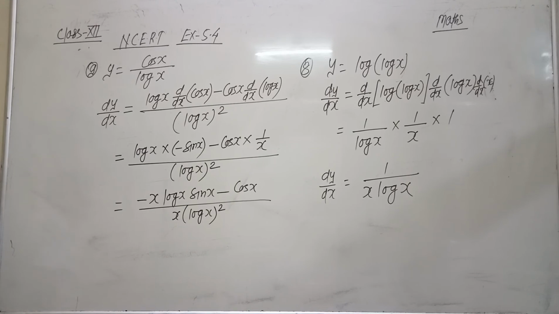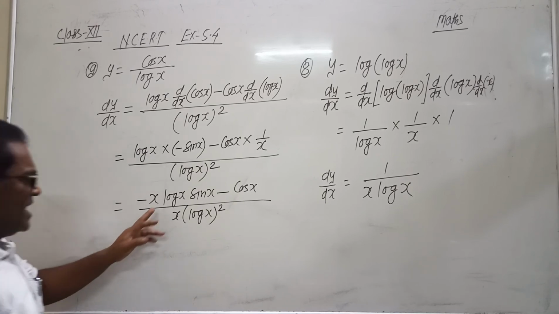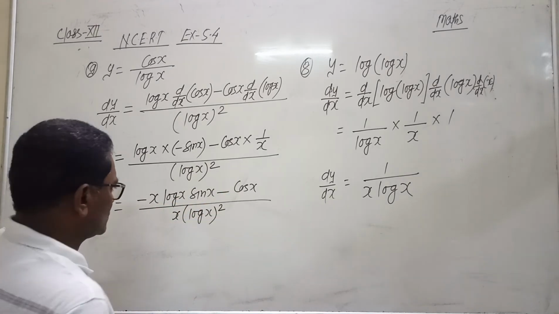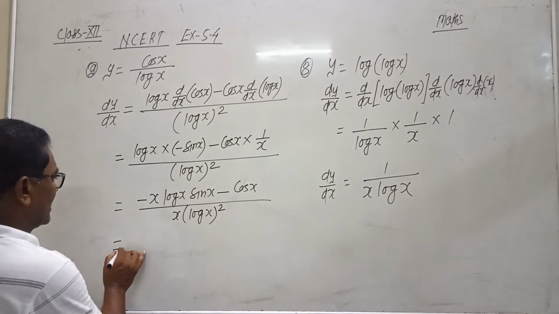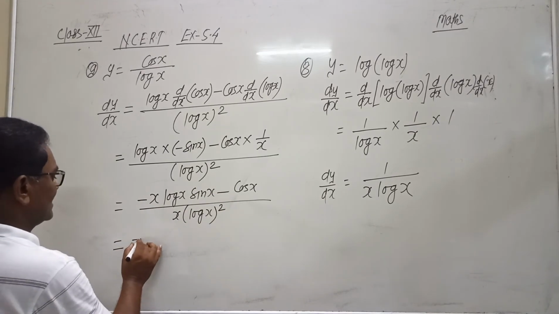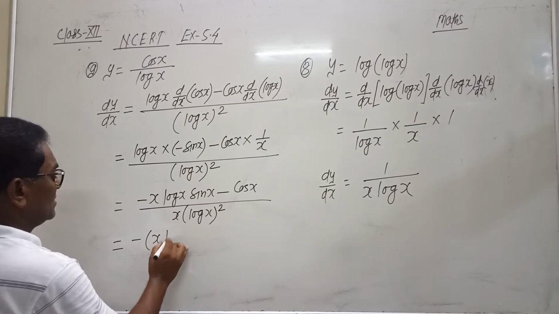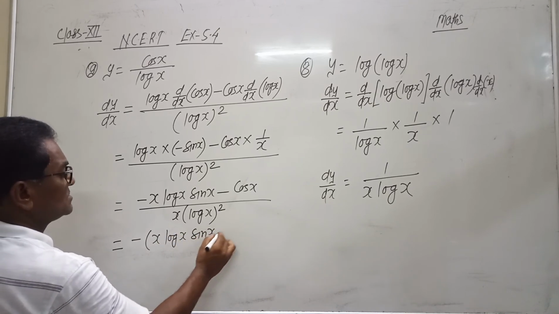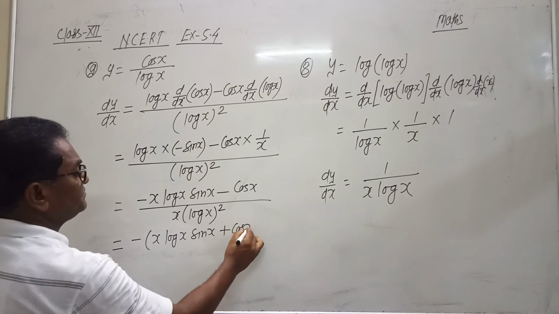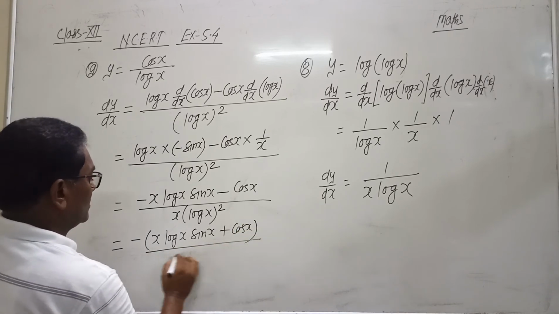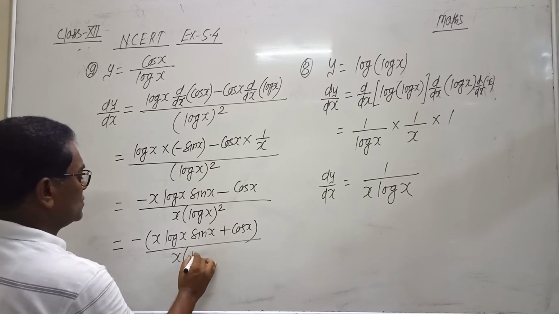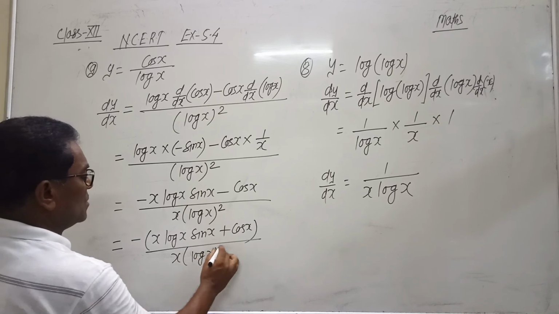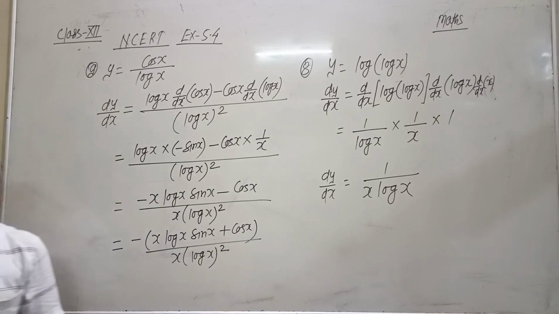So minus x log x sin x minus cos x upon x log x the whole square, taking minus as common. So it gives x log x into sin x plus cos x upon x into log x the whole square. This is the final result.